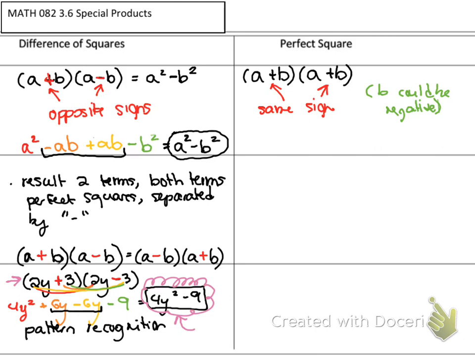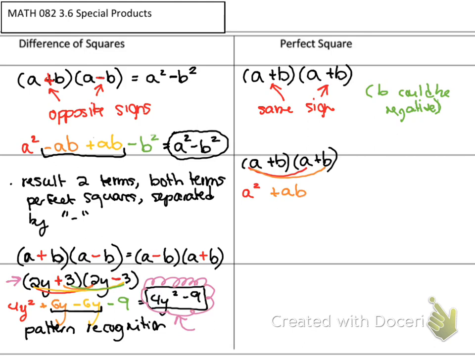So let's take a minute and FOIL, just like we did last time, and see if the same thing happens. Let's find out if anything cancels out or if the middle terms are additive. Okay, so we have first, that's a squared. We have outer, that's plus ab.